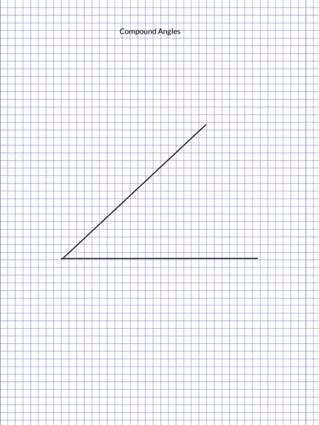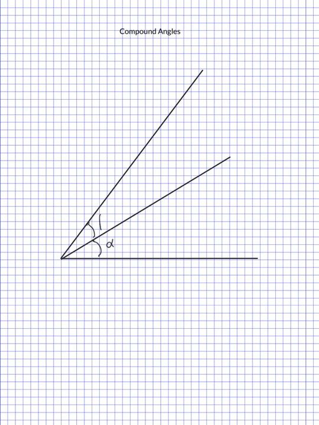All right, so I'm just going to pick some random angle here. Let's say about that far there. We'll just call this angle alpha. And then I'm going to make another angle above it right here. We're going to call that angle beta. Okay, I'm going to draw a line straight down from the edge here.